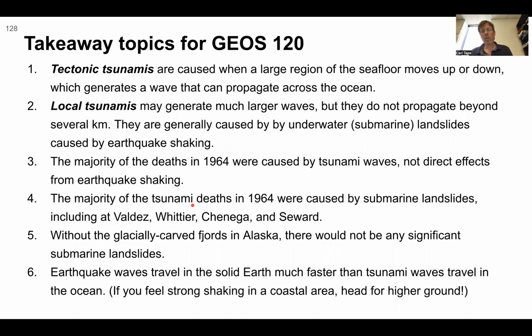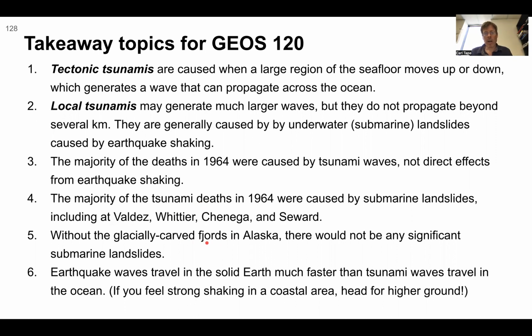A minority of the tsunami deaths were caused by the tectonic tsunamis, such as reaching Crescent City, California, or Kodiak. Without the glacially carved fjords in Alaska, there would not be any significant submarine landslides. It's worth making this point because it shows some of the unique aspects of being in an earthquake setting with glaciation or former glaciation.